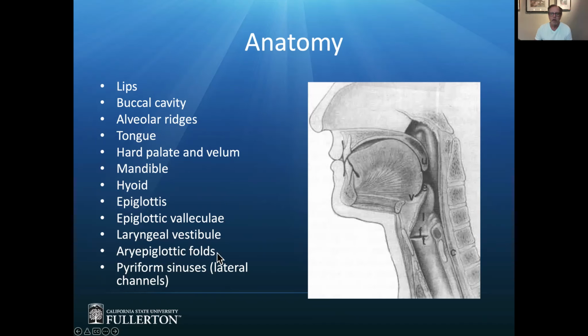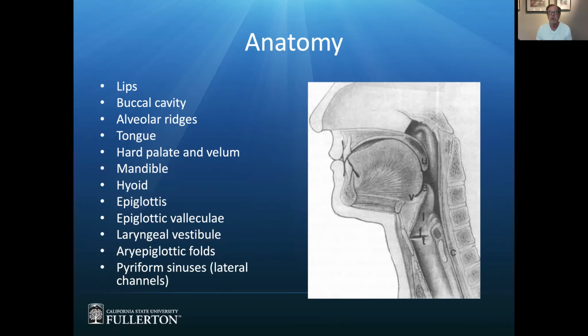Let's see, now aryepiglottic folds. The aryepiglottic folds, and I'm going to show you another image in a moment, which will make them much clearer. You are familiar with them, but I find this is the area that's most confusing, in the sense that it's hard to develop your three-dimensional concept of this region without a little bit of experience.